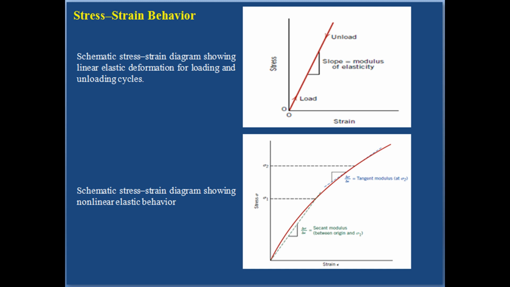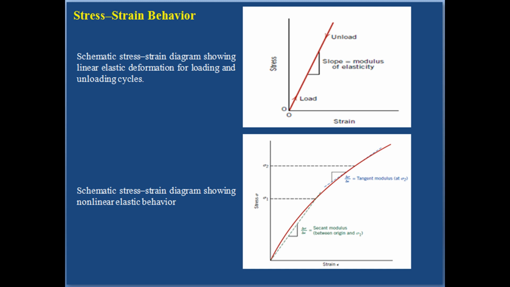Deformation in which stress and strain are proportional is called elastic deformation. A plot of stress versus strain results in a linear relationship as shown in figure. The slope of this linear segment corresponds to the modulus of elasticity E. This modulus may be thought of as a stiffness or a material's resistance to elastic deformation.